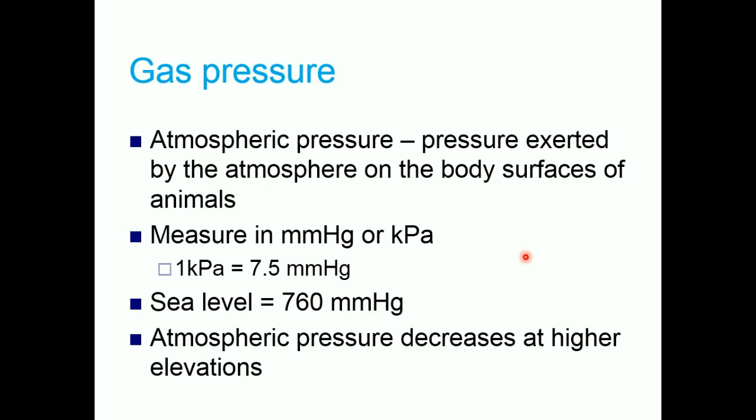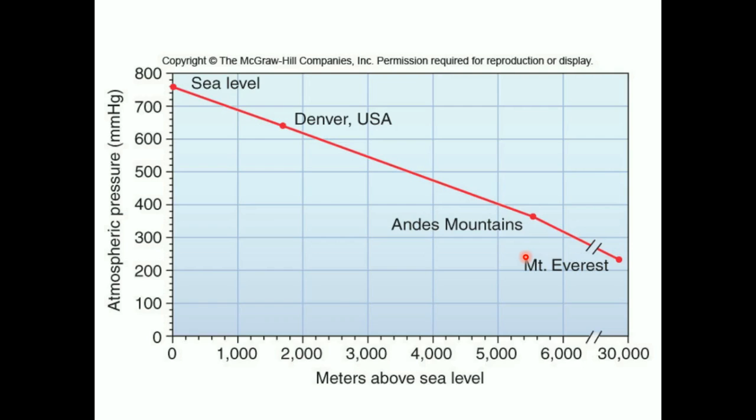Now, this is at sea level. The atmospheric pressure will decrease as we move up the mountains. And we can see a profile of how the atmospheric pressure changes with elevation on this particular graph. Down here on the x-axis we have meters above sea level, 0 being sea level, and on the y-axis we have atmospheric pressure in millimeters mercury.